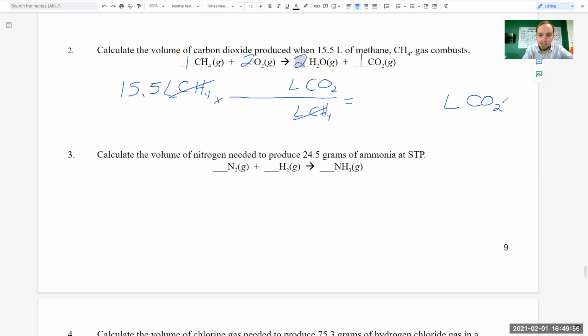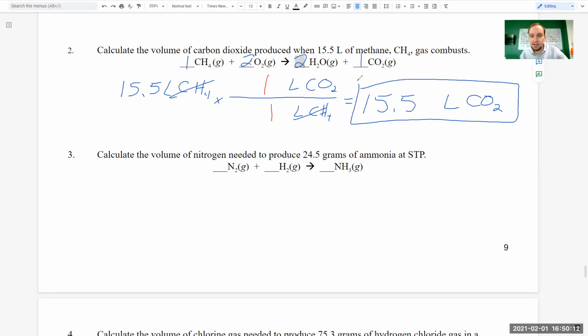Again, you guys know this comes from the balanced chemical equation, CH4 on the bottom. There it is 1. CO2 on the top. It's also 1. Therefore, not surprisingly, my answer will remain the same. 15.5 liters of carbon dioxide gas would be produced from 15.5 liters of methane once it's combusted.